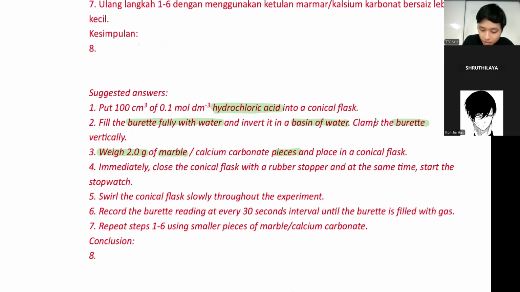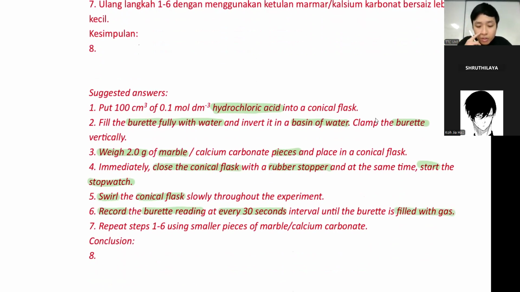So what you do is put the marble chips into the conical flask, close the flask immediately with a rubber stopper, and start the stopwatch. Swirl the flask a little bit, and record the burette reading at every 30 seconds interval until the burette is filled with gas.